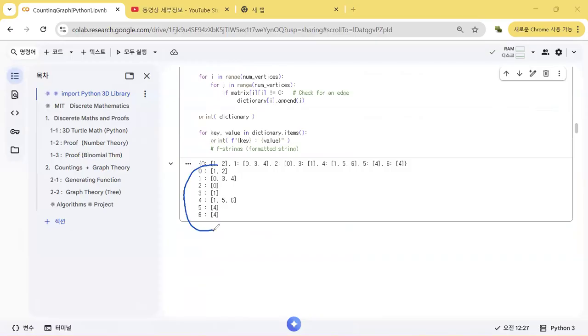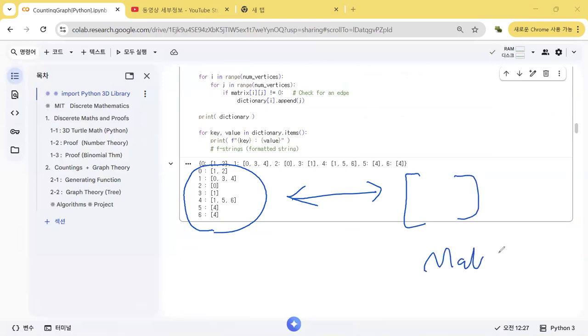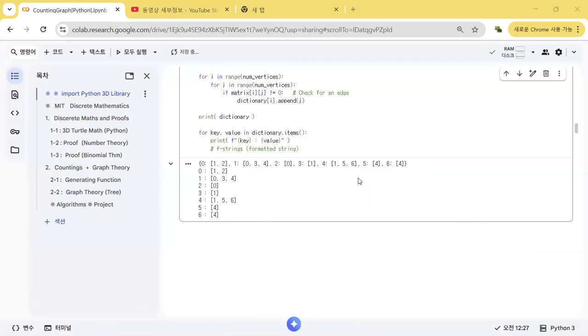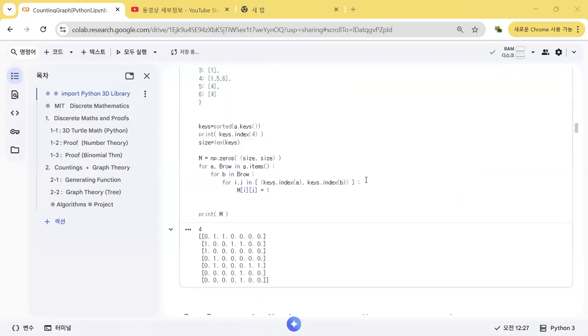So there is a two-way connection between a matrix and a dictionary. So homework 6, the last one, is to study the code connecting dictionary representation and matrix representation.